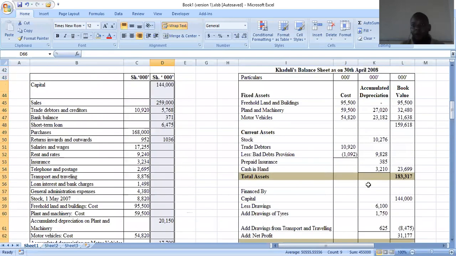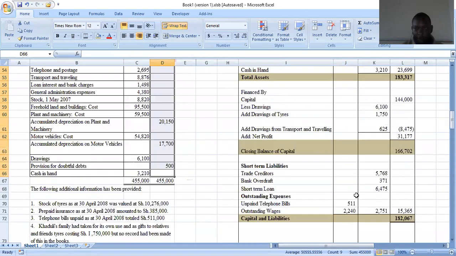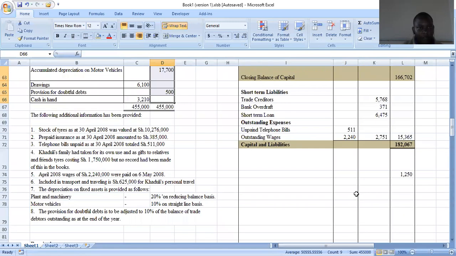But you have understood the concept, yeah? Let me find out where the problem is, then forward to you this Excel file. Hapa kwa short term liabilities, hapa kwa outstanding expenses, hiyo tunaweka kwa liabilities.